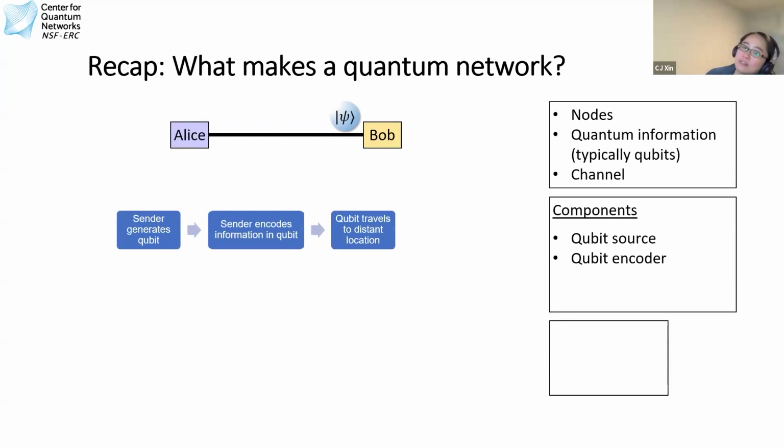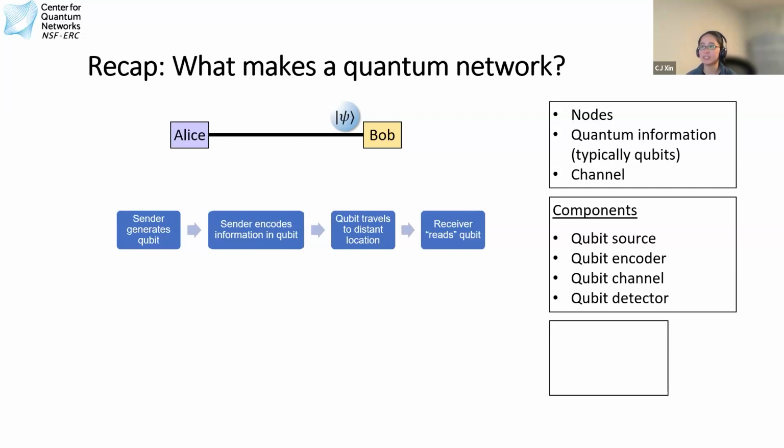The qubit needs to travel somewhere far away, so you need a qubit channel to send it. And finally, your receiver needs to read out the qubit, so you need some kind of detector on the end. I've left out the decoder, which the receiver would also need, but in general you require pretty much the same parts as an encoder.